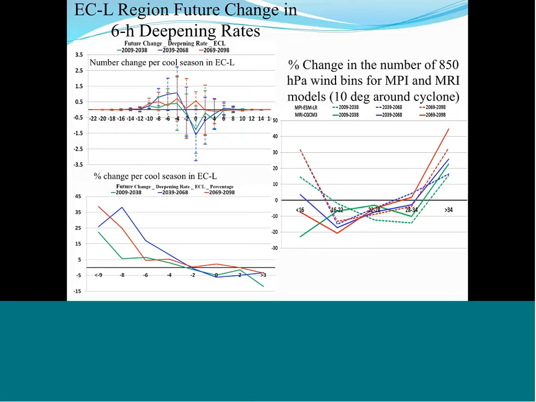It shows that for greater than 34 knots, there's about a 20 or 30% increase for these 2 models in the number of events greater than 34 knots at 850 millibars, which is another suggestion that these cyclones are becoming more intense heading into the future.